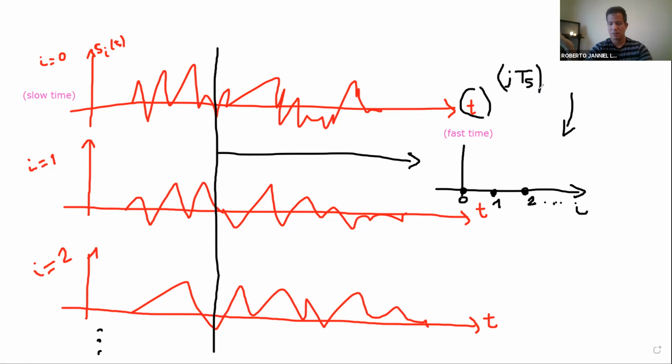So what's stopping us from calling my slow time axis tau, which is equal to I times T_PRF? And because why not?